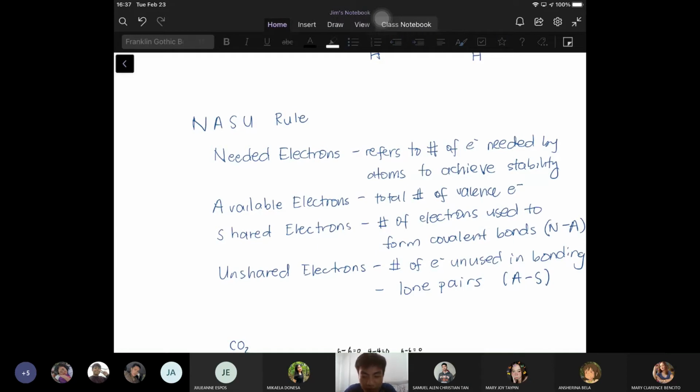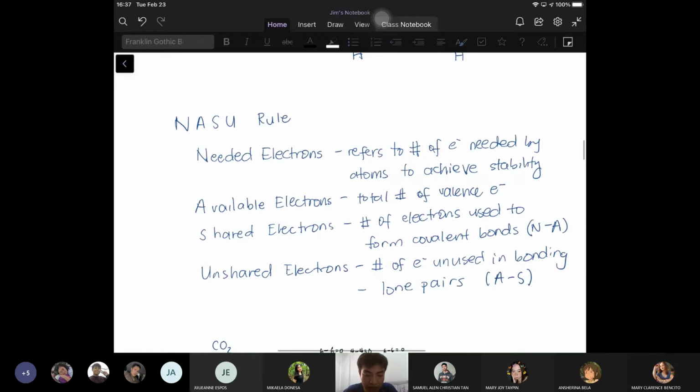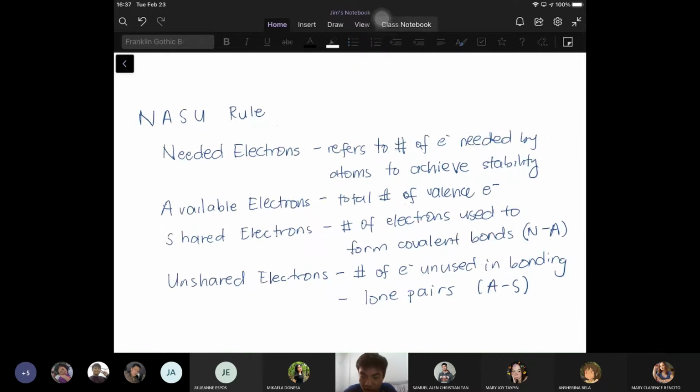Available electrons pertain to the valence electrons. Depending on your group number, you have a certain number for your available electrons, no? Or your valence electrons. Next one is the shared electrons. So shared electrons, these are electrons that are used to form chemical bonds.